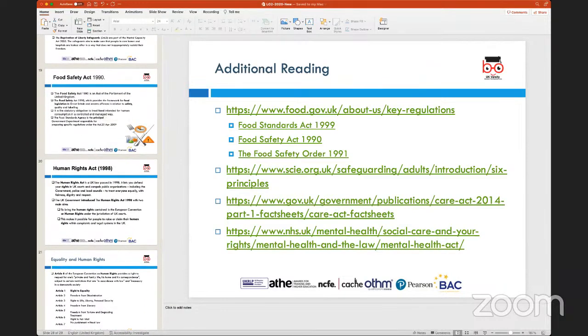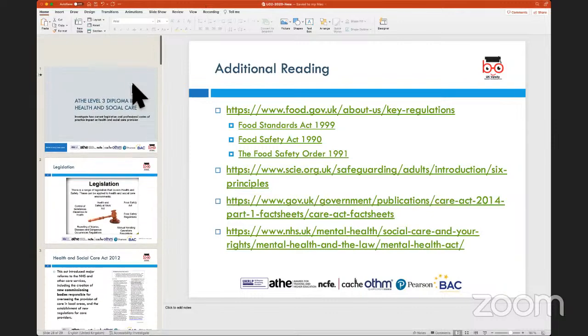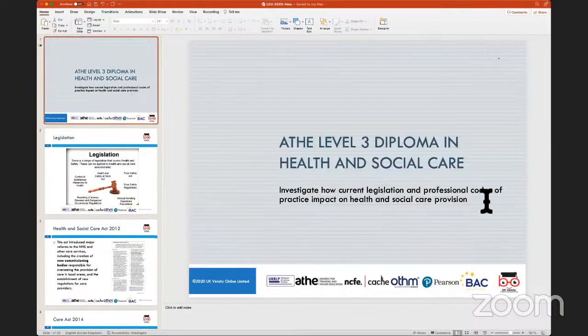In general, there are about 6 or 7 Word handouts, which are the important handouts for the legislation or acts that you need to be aware of. They will help you understand in detail this learning outcome, which is how current legislation and professional codes of practice impact health and social care provision. Is that okay?